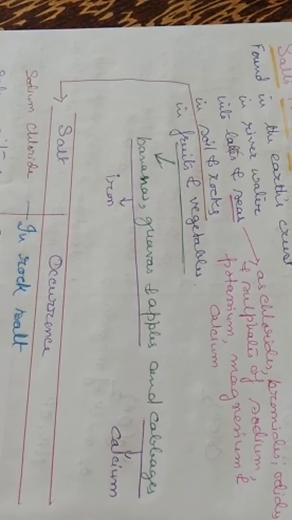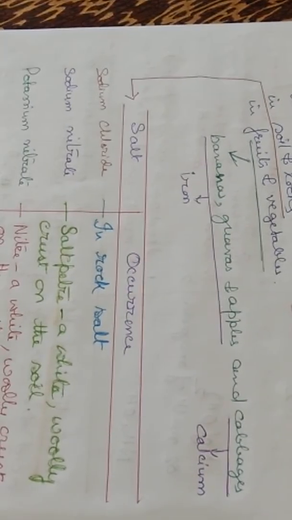In soils and rocks, they are found accordingly; I'll come to that later on. In fruits and vegetables, salts are also found in bananas, guavas, apples, generally in the form of iron, and in cabbage in the form of calcium.